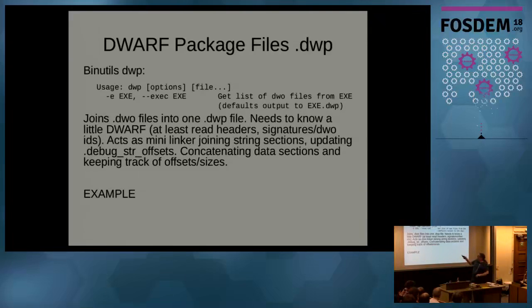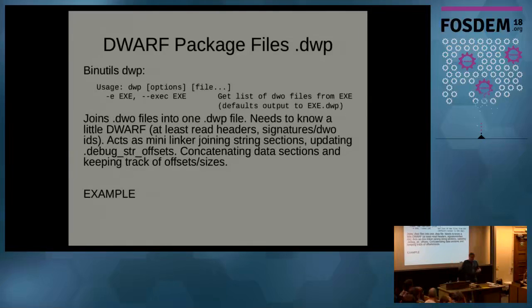And it kind of does what you expect. It reads the dwarf data, it sees all the references to the DWO files and adds them together. It acts as a kind of mini linker because string sections make up so much that you really do want to merge all the strings.